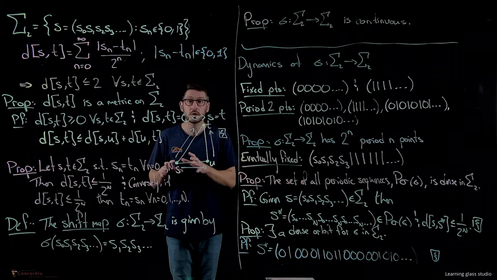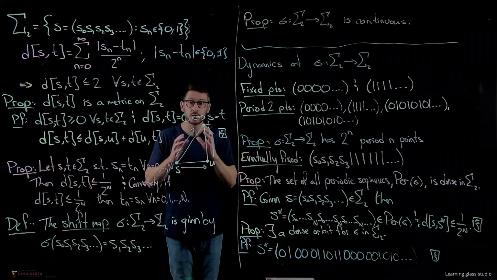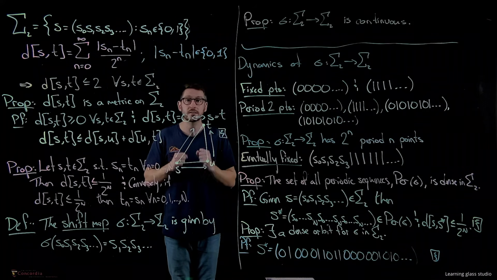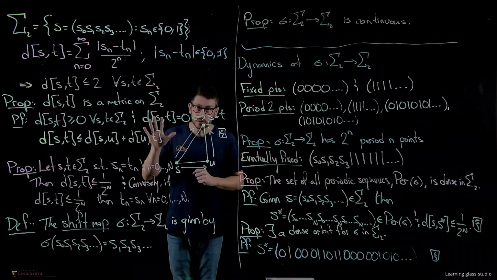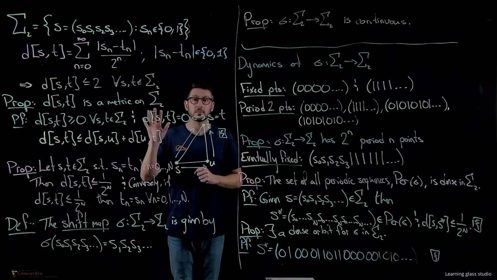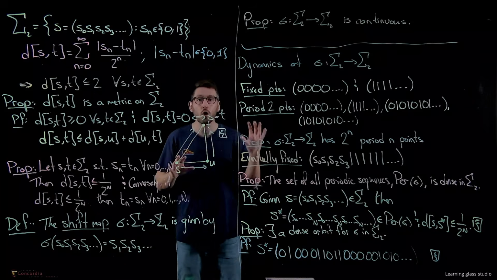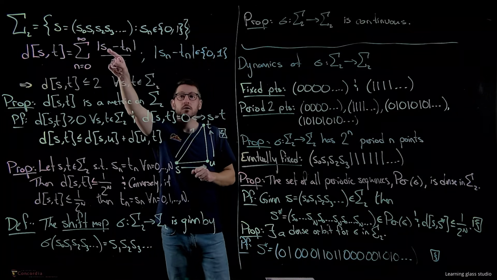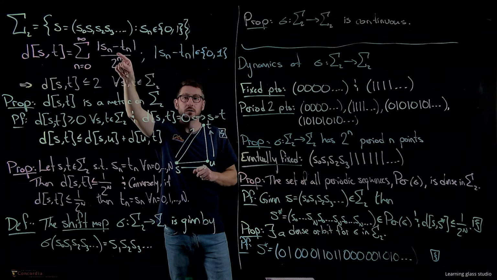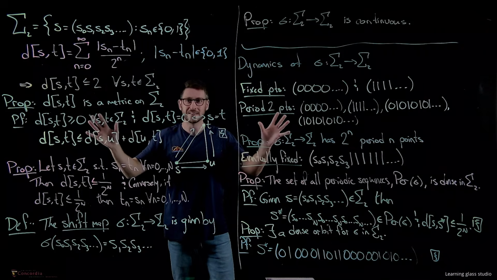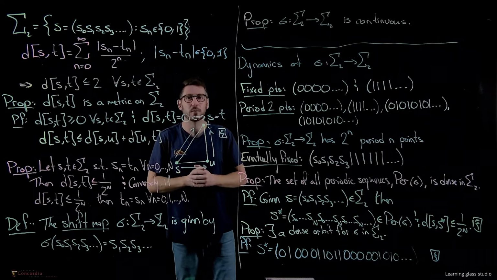The way that we're going to do this is by establishing a topological conjugacy, a way of saying that the dynamics of the logistic map on my Cantor set is equivalent, is exactly the same, is homeomorphic to the shift map acting on the sequence space. Amazing, right? So I'll see you in the next video when we start talking about that.